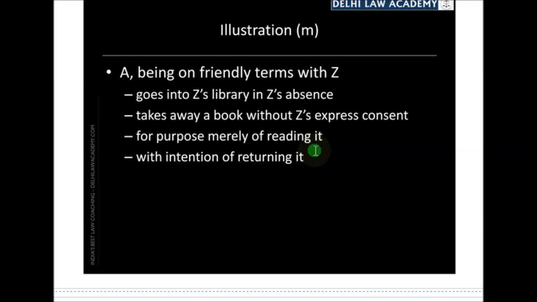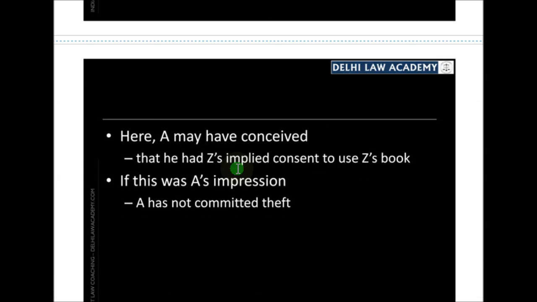But he has not taken it dishonestly because he has the intention of returning it. And secondly, there is no express consent of Z, but maybe there is an implied consent because A and Z are friends. So on these facts, the answer which is given in the IPC is this.